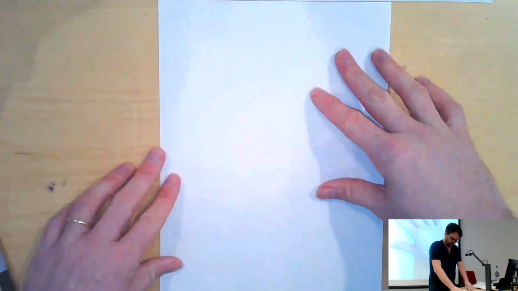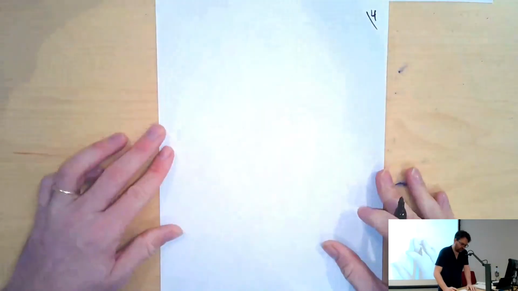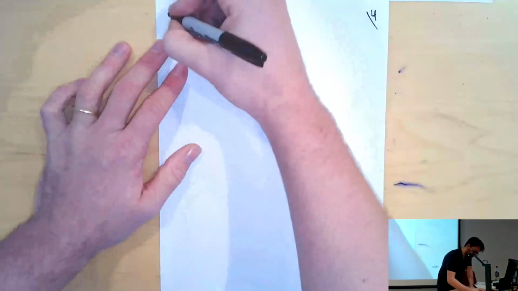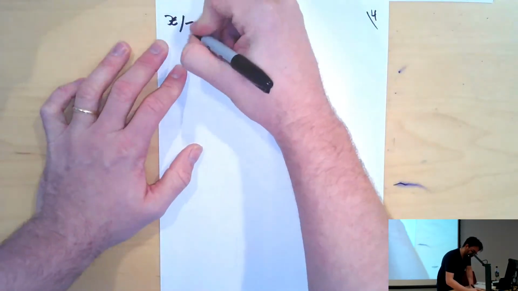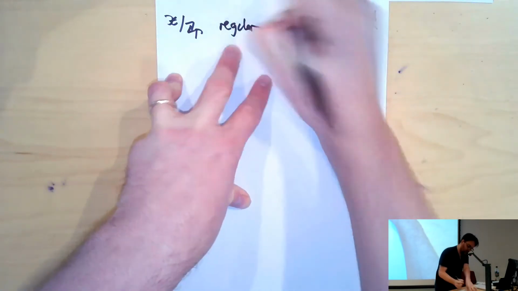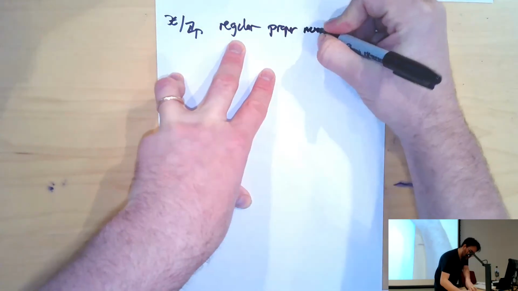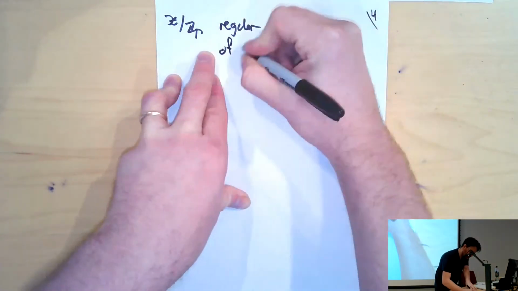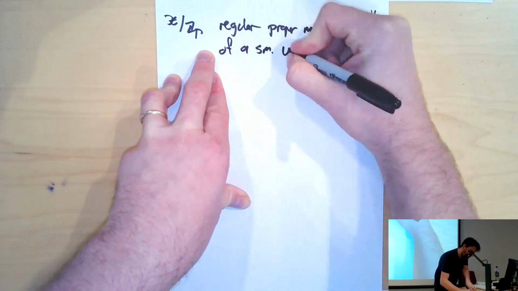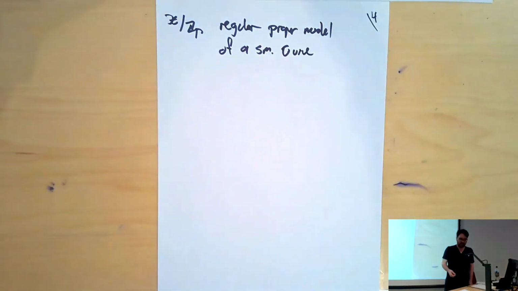So once again, why bother? If X over Z_p is a regular, so now we know what that means, proper model of a smooth curve, what I mean is the generic fiber is a nice curve.